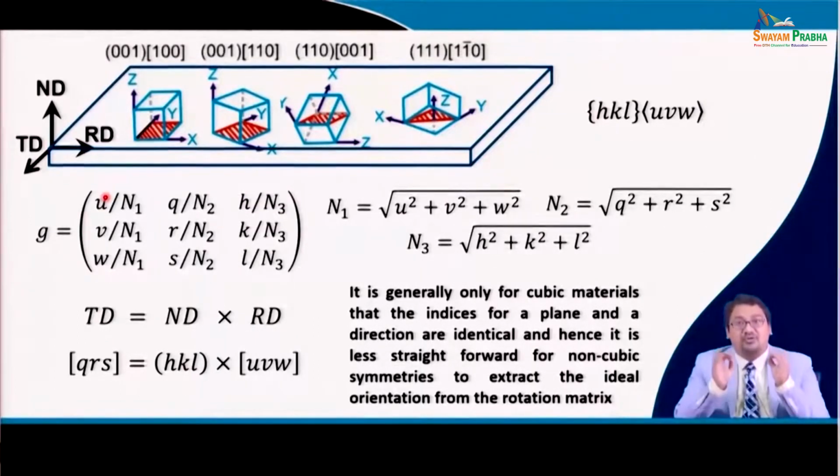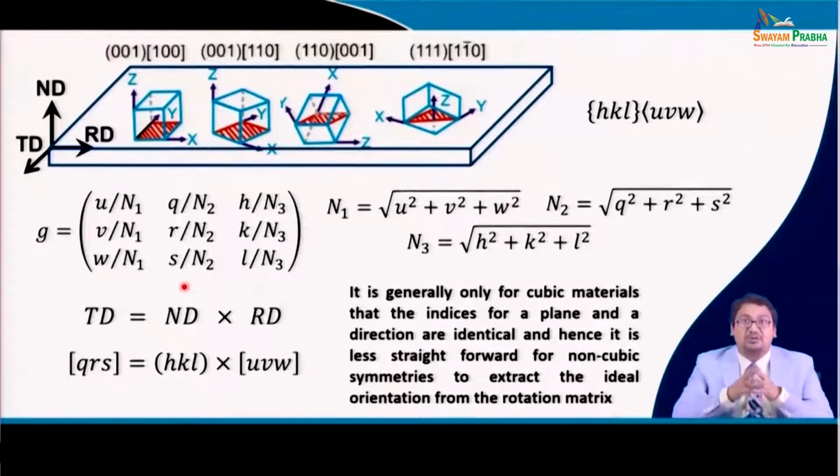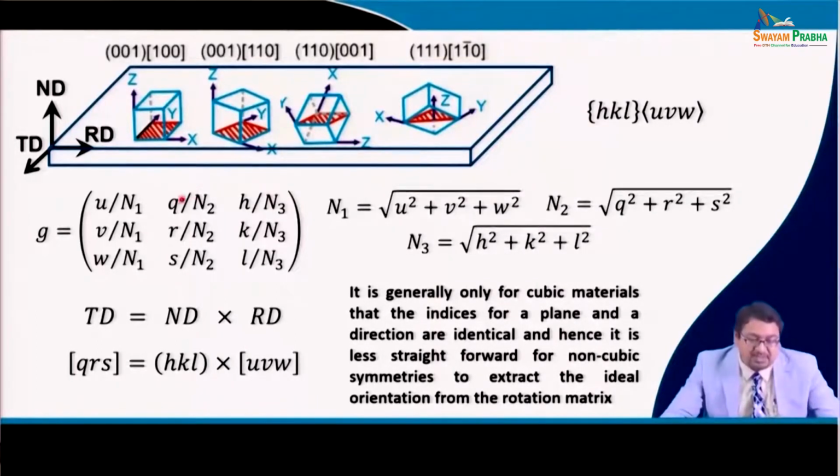Miller indices of the R d, right, whereas Q R S, Q divided by root of Q square plus R square plus S square, R divided by root of Q square plus R square plus S square, S divided by root of Q square plus R square plus S square, is basically the cos alpha, cos beta 1, cos beta 2, cos beta 3, that is the relationship of 100, 010, 001 with T d, right.